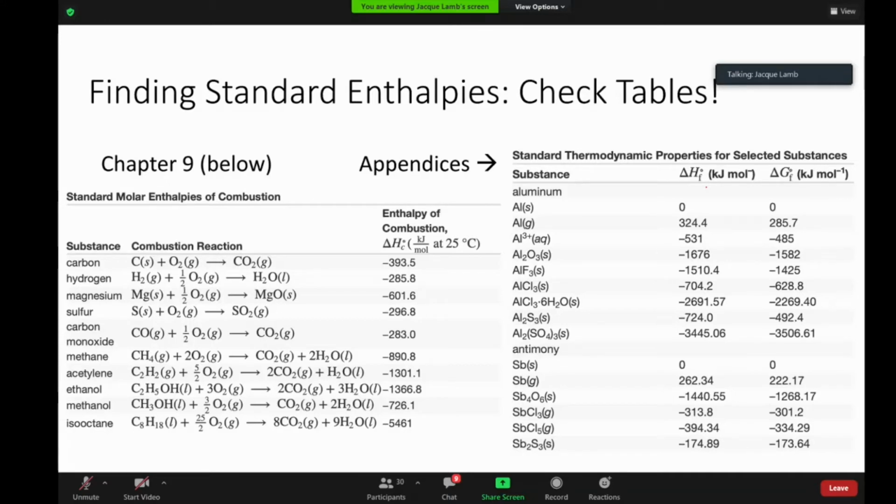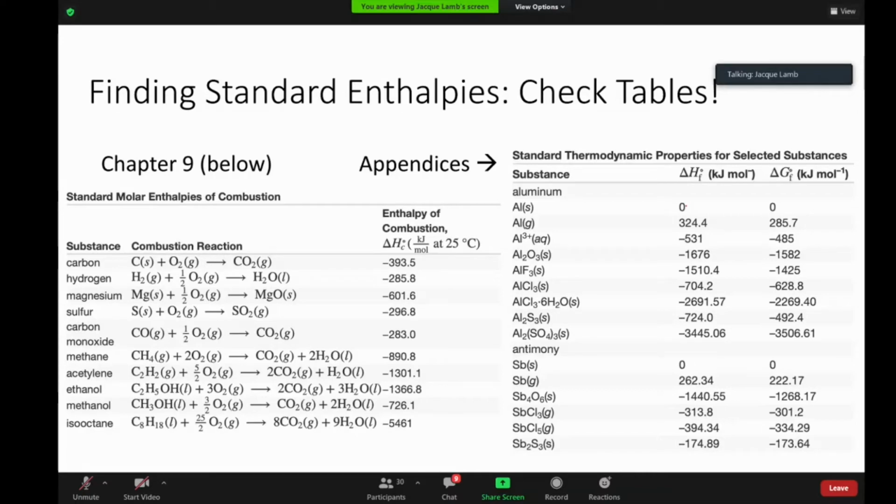Notice that the delta H of formation for an element in its standard state is 0, because that's your reference point. So aluminum here, solid, is its standard state. So the delta H of formation is 0.